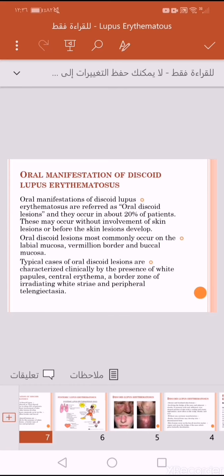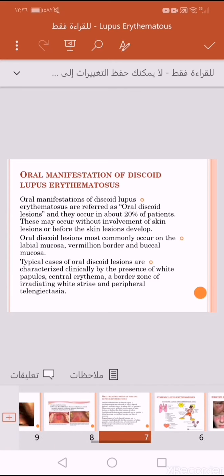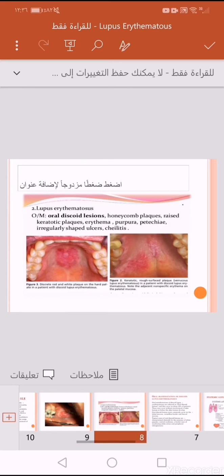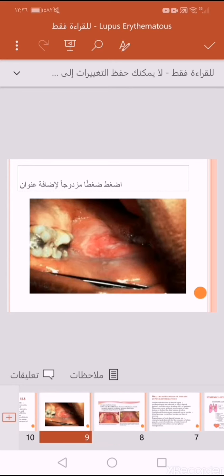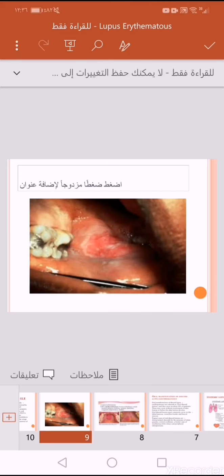Typical cases of oral discoid lesions are characterized clinically by the presence of white papules, central erythema, and a border zone of irradiating white striae. The same lesion here is shown more clearly, with central erythema and an irradiating zone of white striae in the border.